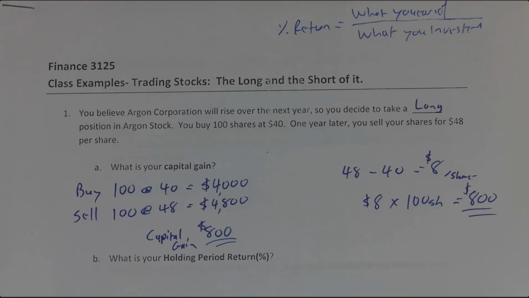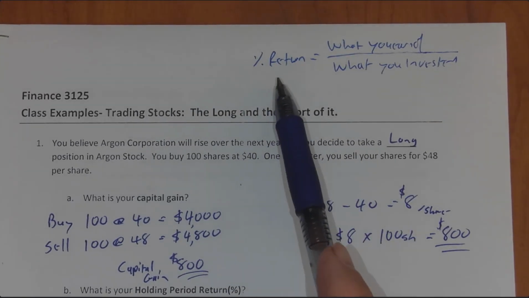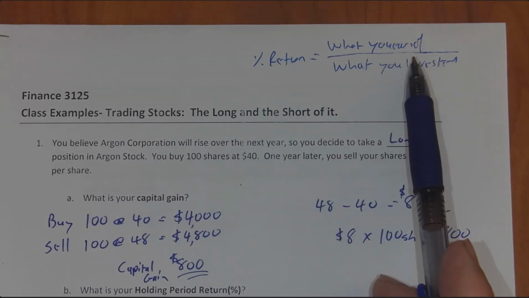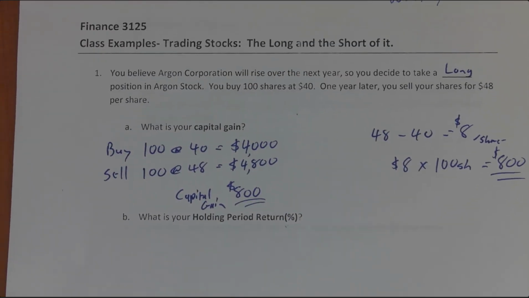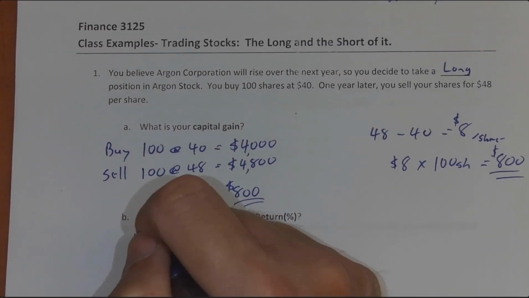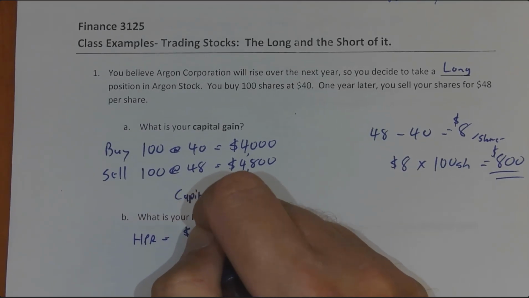So the next question then is, what is our holding period return? Anytime we're calculating returns, and it's a percent return, it's going to be what you earned over what you invested. Since we already have the dollar return, this could be pretty easy.